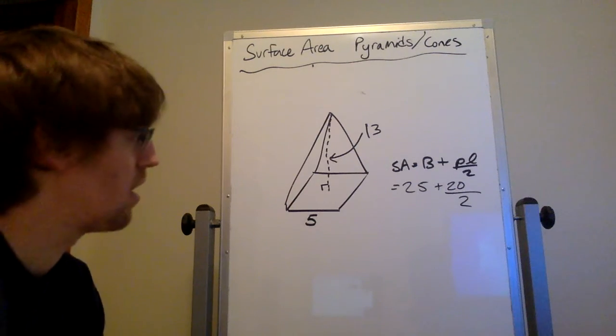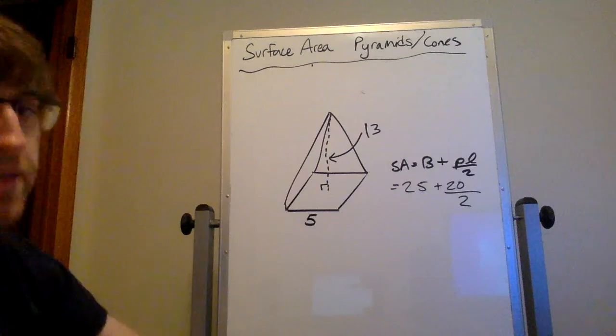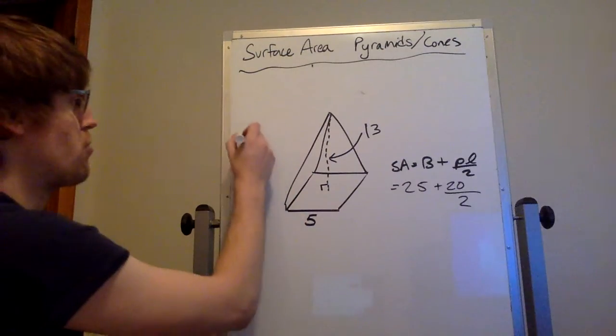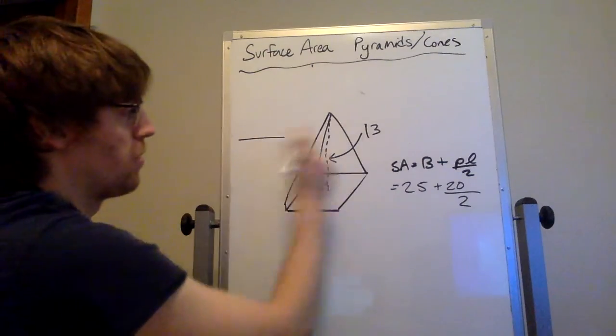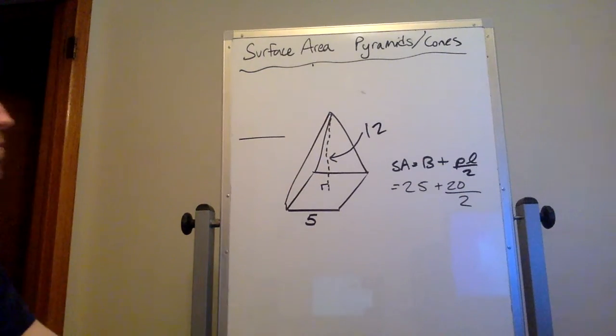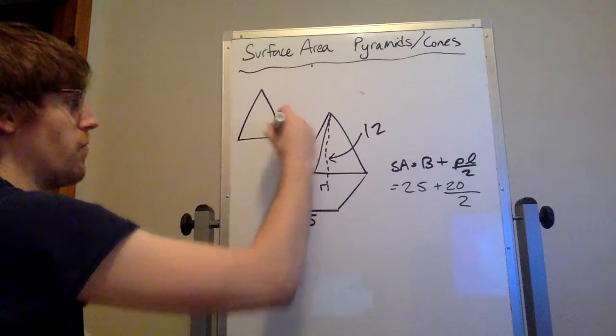Now slant height causes an issue because I'm not given the slant height. I'm given the actual height. So I'm going to redraw this pyramid. Oh shoot, I wanted this to be 12. I'm sorry. I'm going to redraw this pyramid from a side view.